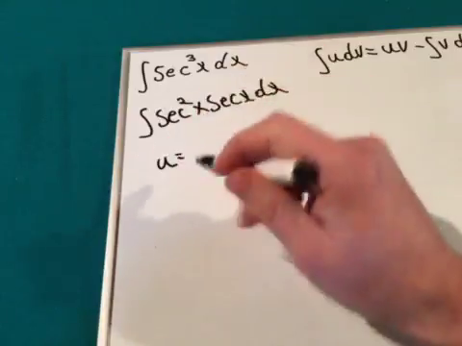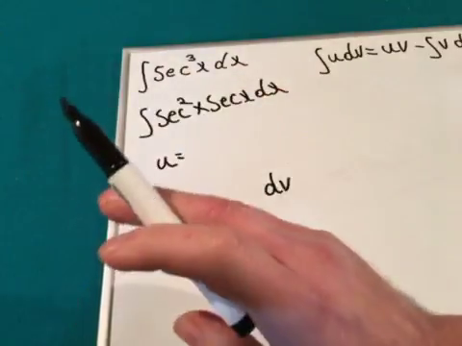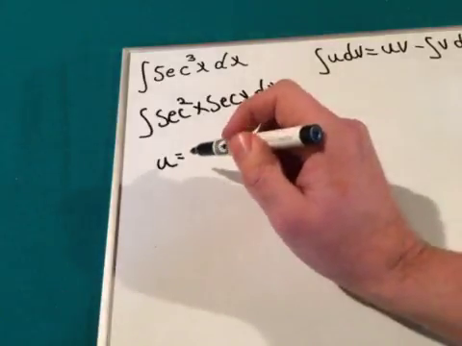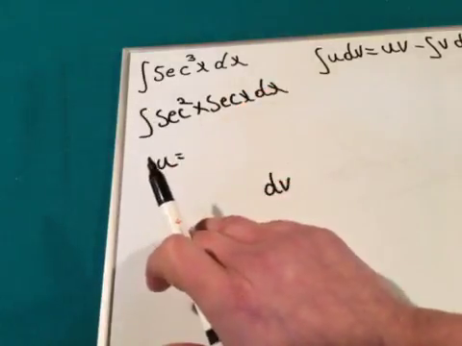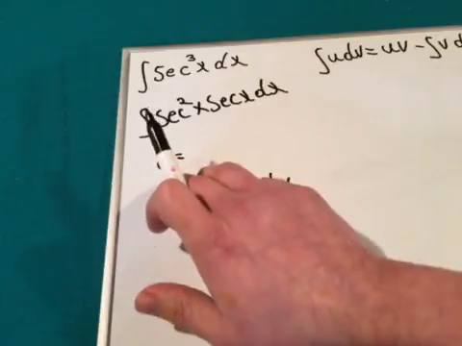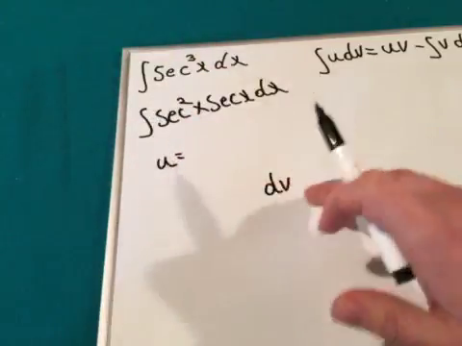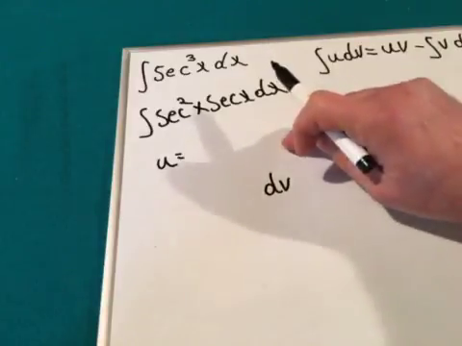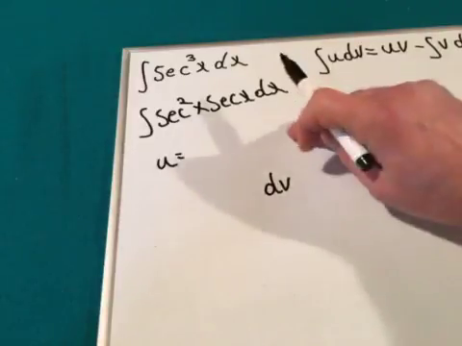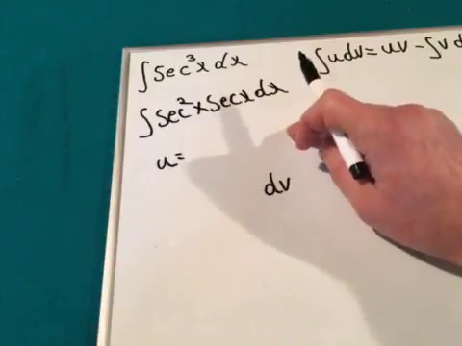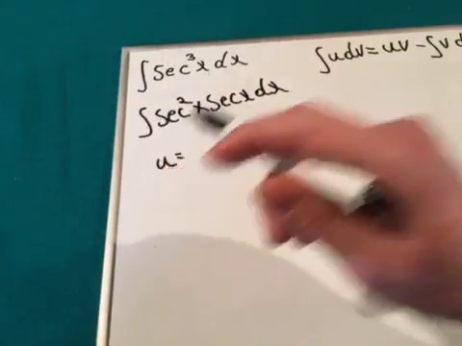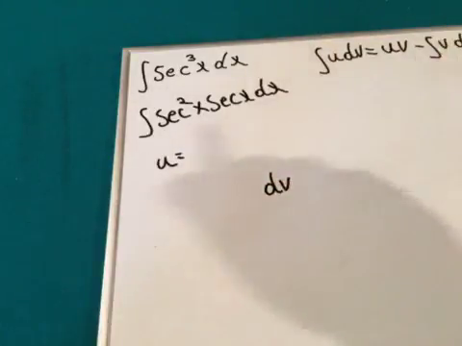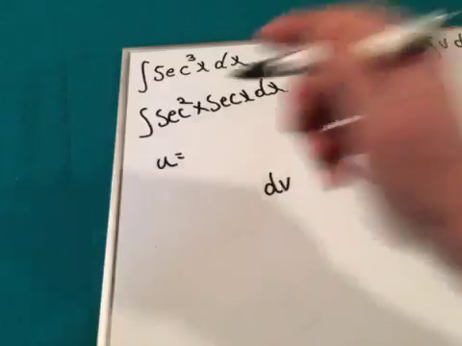So now what do we want to let u be? Well, we want to get du, so we're going to differentiate, we're going to take the derivative of u. And to get v, if we have dv, we want to take the integral of dv to get v. So whatever you let u be, you better be able to take the integral of whatever is left, because whatever is left is going to be dv.